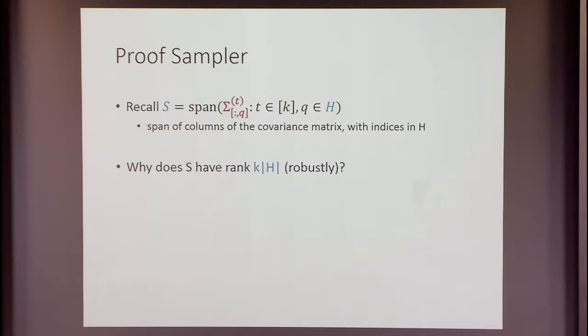This is quite important in our algorithm. And we want this to happen robustly: it's not just that it has rank k times h, but if I collect all these columns and form a matrix, it should have a large smallest singular value. That is very important in proving the sample complexity bounds.